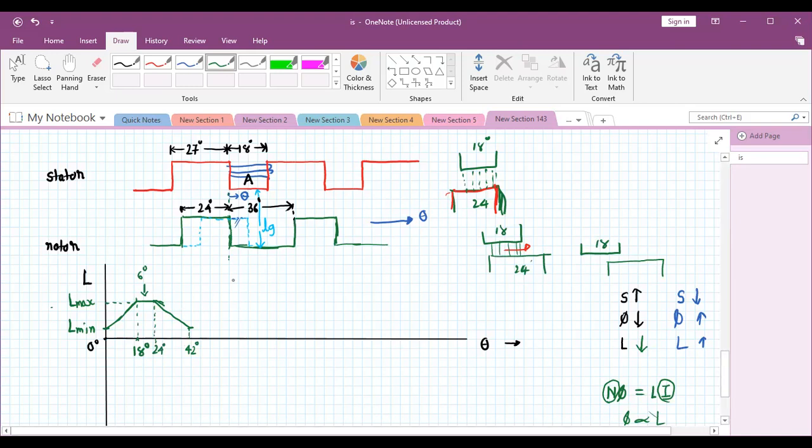If we are not clear about how it is coming 42, then this particular one is how much? It is 36. Is it clear, this particular slope?